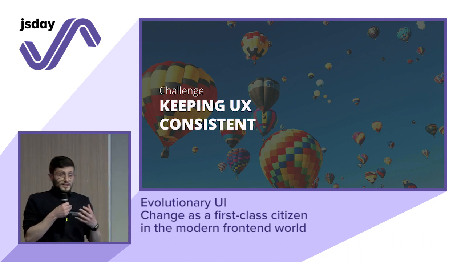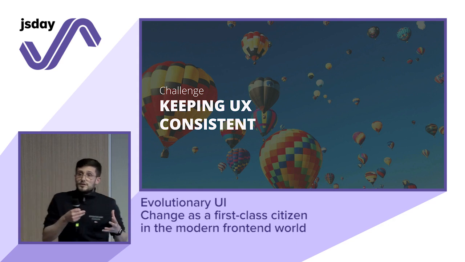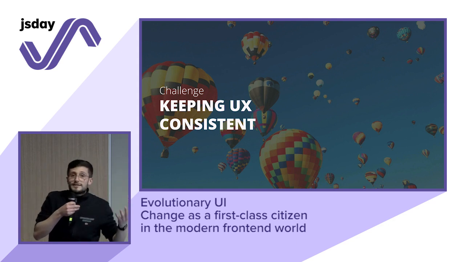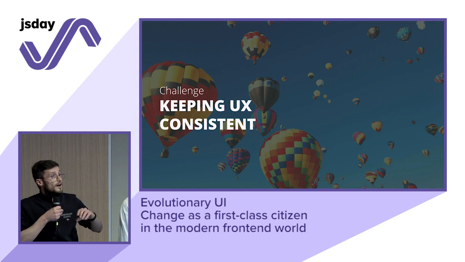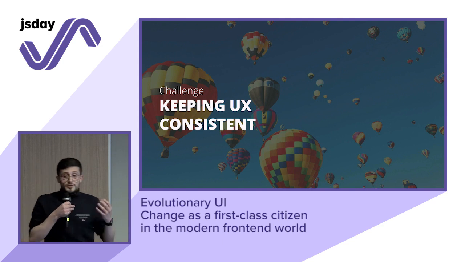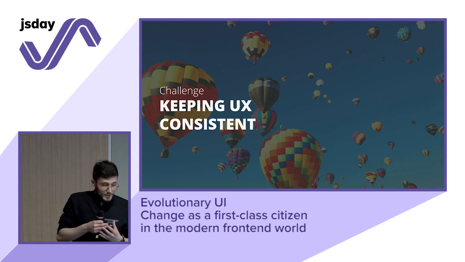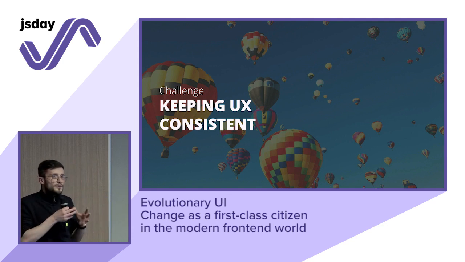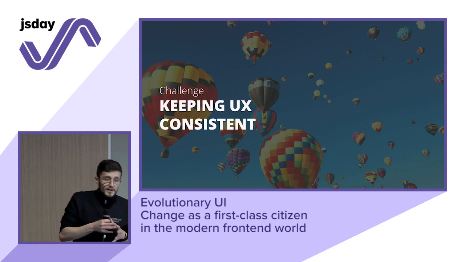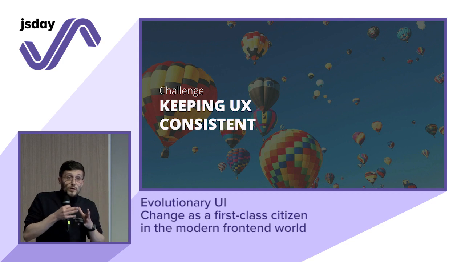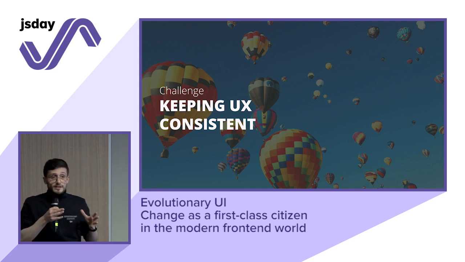This is because perhaps core primitives of your UI, like a button, will start to behave in different ways in modules developed by different teams. So what I'm trying to say here is that keeping UX consistent becomes a challenge when we do development at scale.